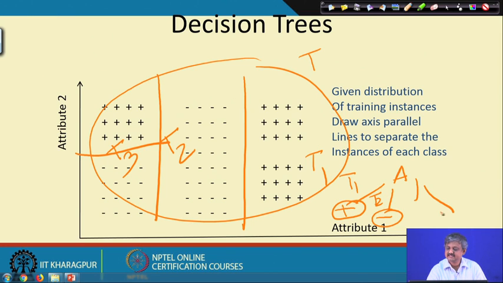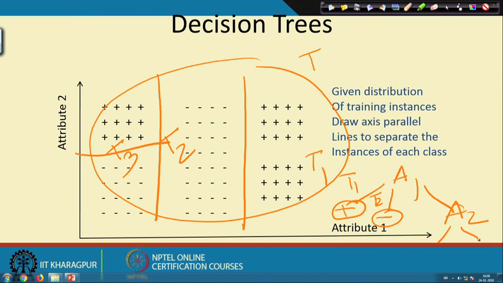So, I split it further using A2 into say 2 groups. One of the groups becomes plus and one of the groups becomes minus. Let me call them T5 and T6. So, T3 gets split into T5, T6 and then we stop. So, this is the algorithm.